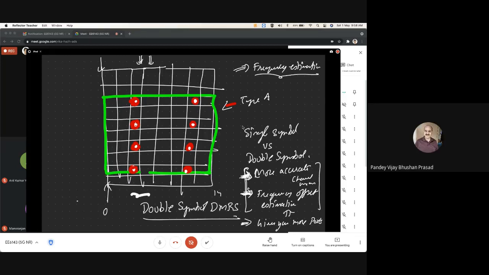Okay, sir. Yes. So mainly you use DMRS at different locations if there's high mobility, because the channel changes very fast. On the other hand, if you are a low mobility user or a static user, then one single DMRS location will be fine, because you can assume that the channel is more or less constant.